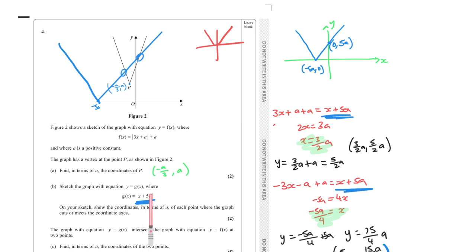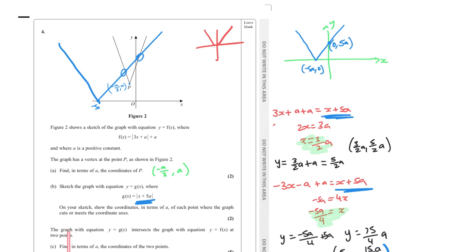Inside. What do we do? Take away 5a, so it's been moved there. If we take away 5a, we've then got minus 5a, 0. How do we know where it crosses here? Well, we just substitute 0 to see where it crosses the y-axis, and then we're left with 5a. So there's the next one.